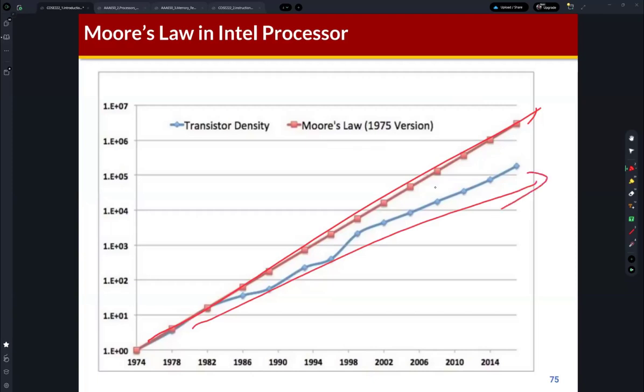Intel is struggling recently because they have difficulty in developing advanced semiconductor technology compared to TSMC. But anyway, you can find that this is the ideal trend, the ideal graph by Moore's law, but the Intel technology cannot follow Moore's law.